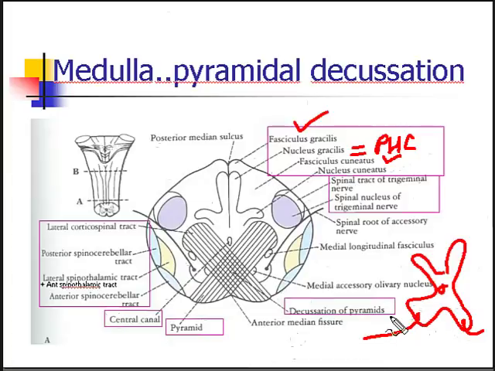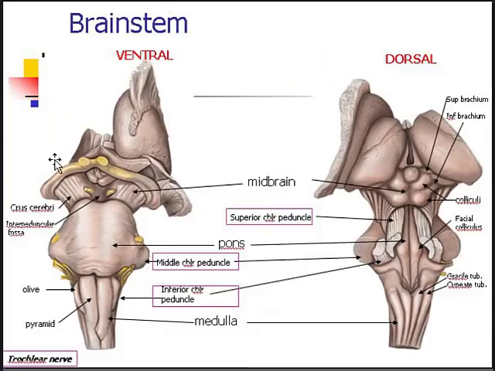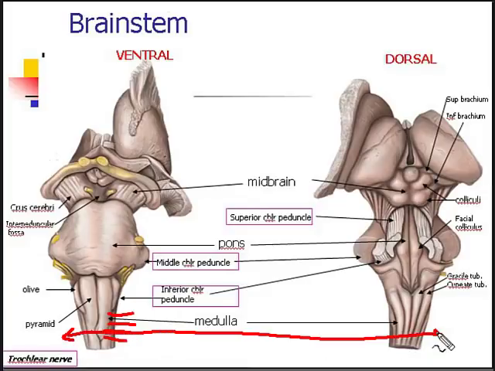And at this level, just to refresh your memory, I told you this was the 12th which was coming out. So if you take a section over here, you will see the cells giving rise to the 12th cranial nerve.